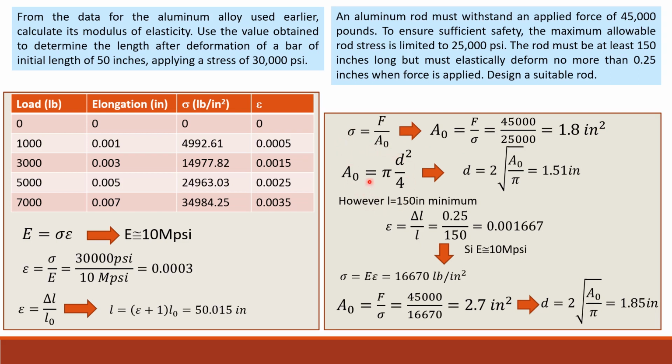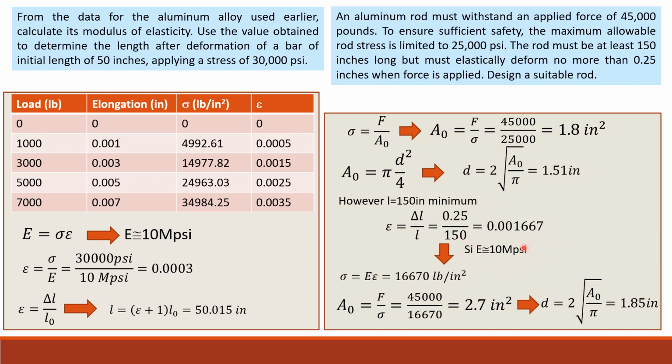Then we have this A sub 0, so the area, then it's our diameter, and since we need to have a minimum length of 150 inches, then we need to go for this value here.